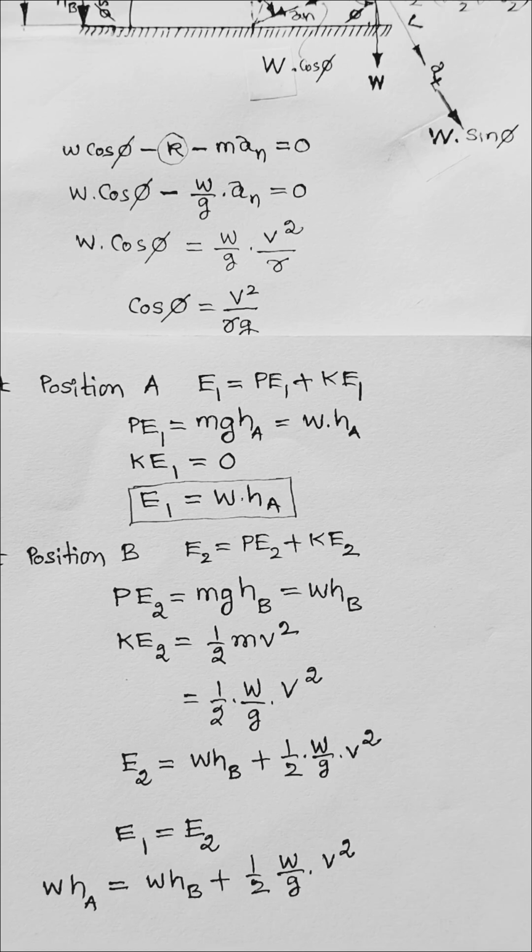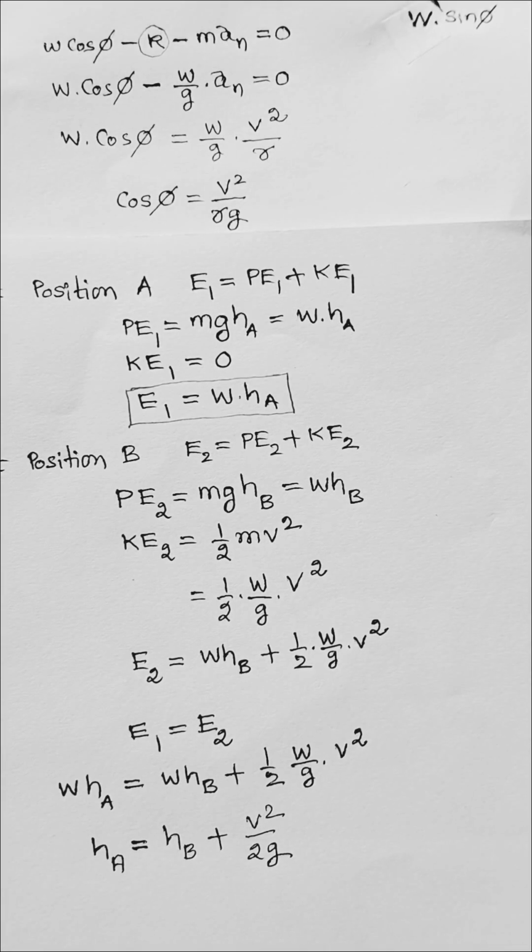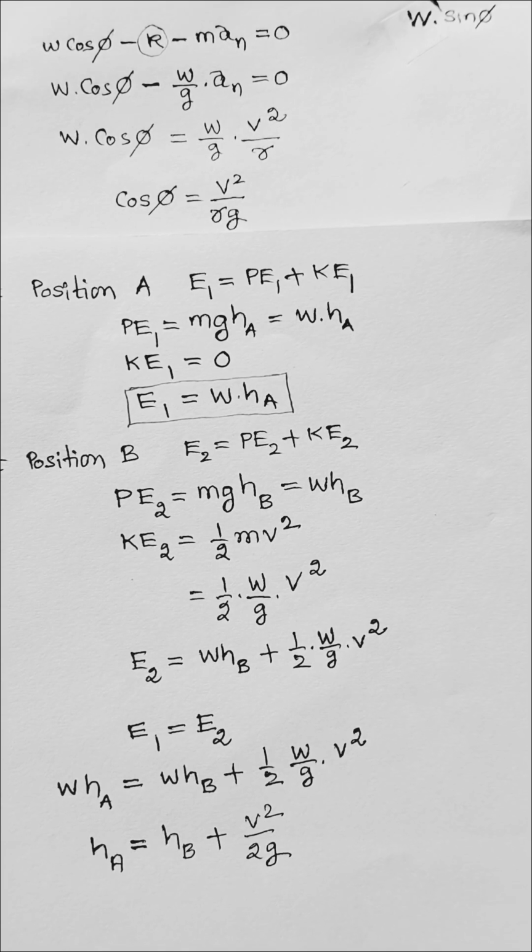In the left part of the equation we have W, in the right part of the equation we have W, cancelled each other. HA equal to HB plus V square by 2G we can get. Take HB to the left side of the equation, it turns minus. We can get HA minus HB equal to V square by 2G.